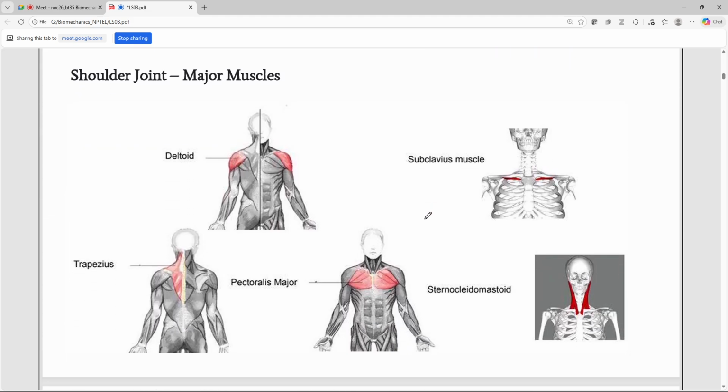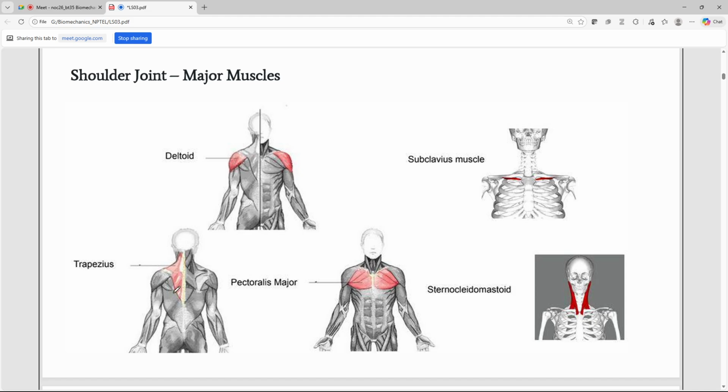These are the other major muscles in the upper limb. We have already discussed the biceps muscle in the first session, I think. Some other muscles: the deltoid, which is the top portion of the arm.